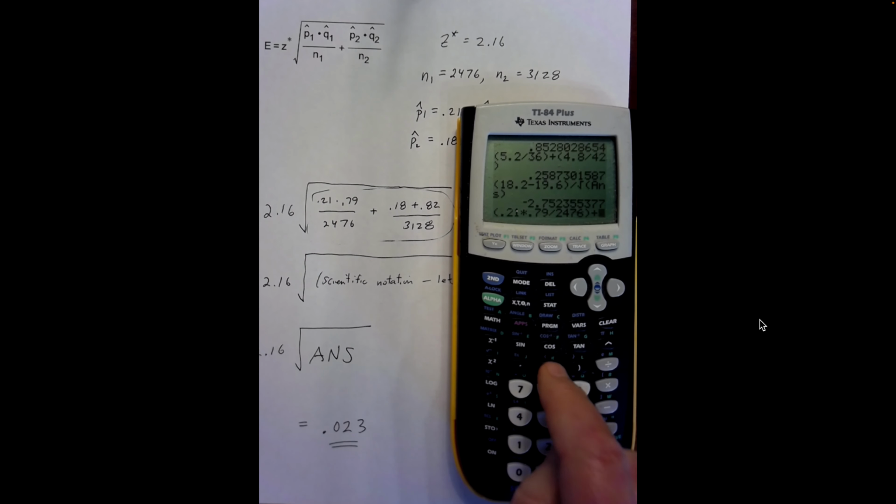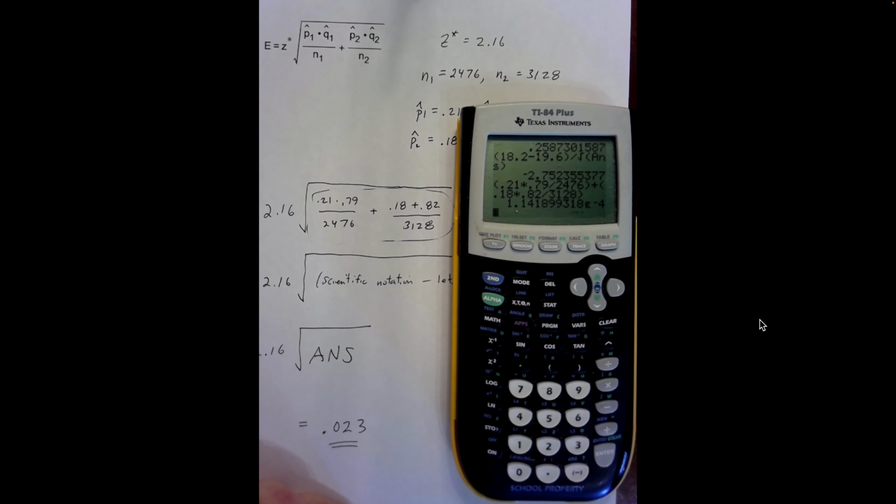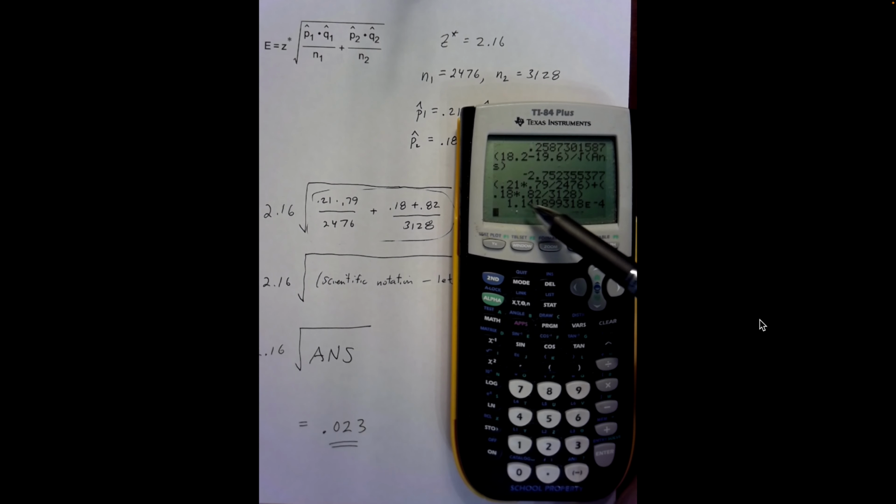And then 0.18 times 0.82, and I get 3.128 in scientific notation. The e to the negative 4 says I have to move this decimal place 4 places to the left and fill in with 3 zeros.